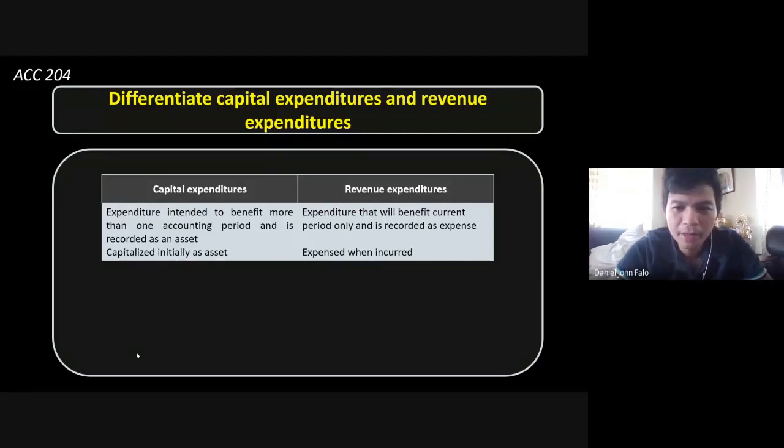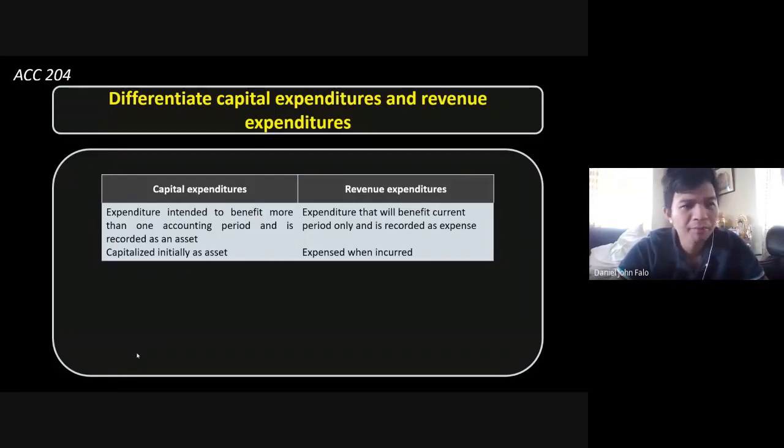Ang example naman ng mga revenue expenditures is yung mga salary ng sales representative, marketing cost, and other period costs. You can say yung product costs are considered capital expenditures. Acquisition ng materials, labor, and factory overhead. Yung revenue expenditure, so these are period costs.